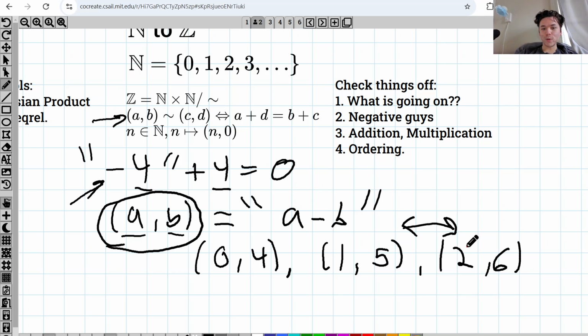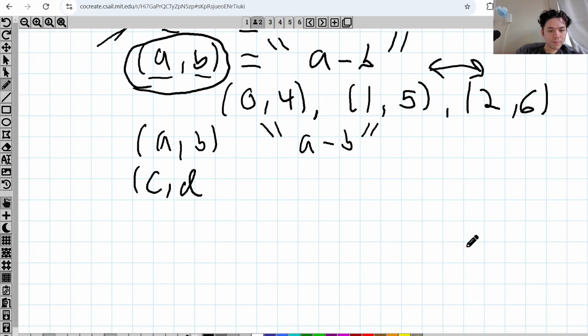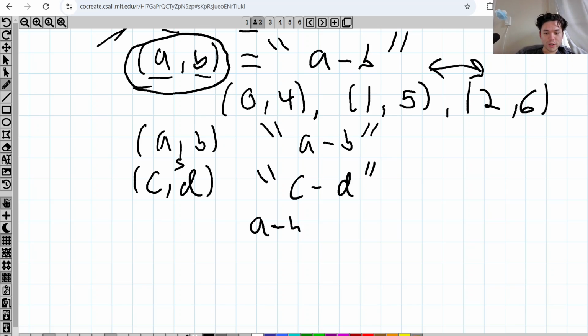And how do we remove that clay? With an equivalence relation. How do we get this equation, a plus d equals b plus c? Well, you just work backwards again. If a comma b is really, behind the hood, something like a minus b, and c comma d is something like c minus d, then all I need to do to show that these two things are equal is solve this equation: a minus b equals c minus d.